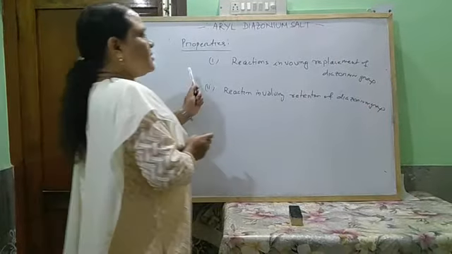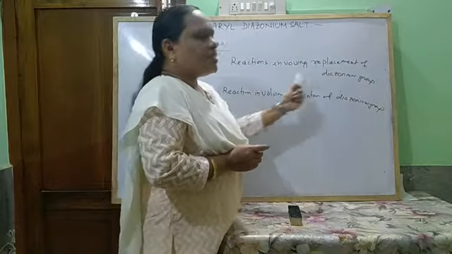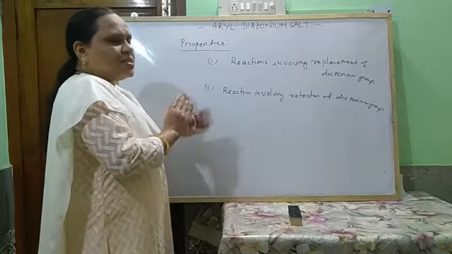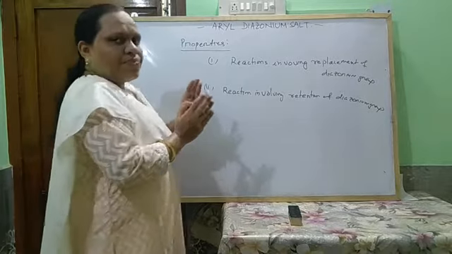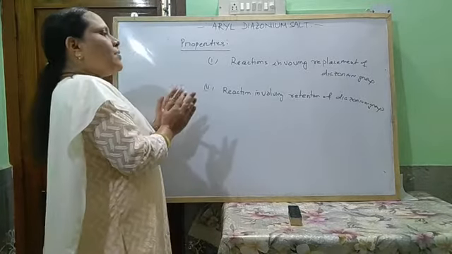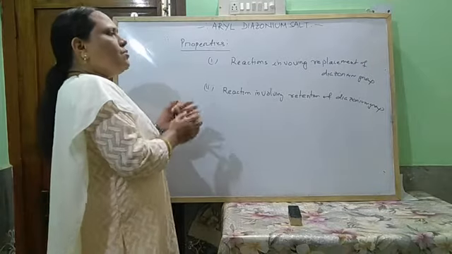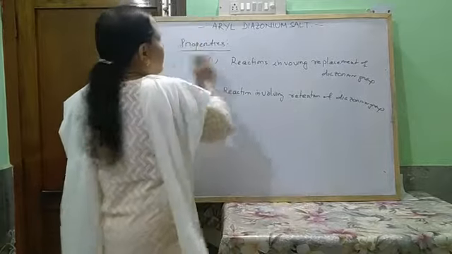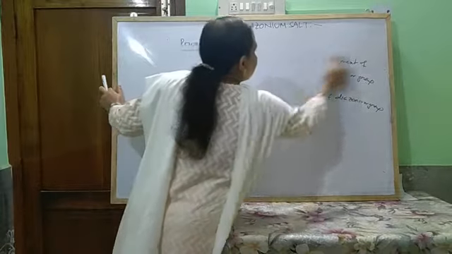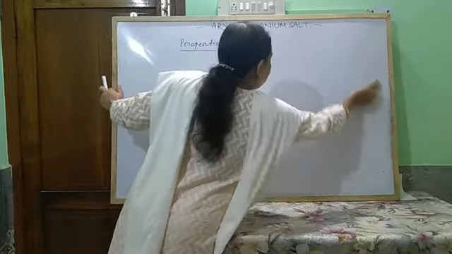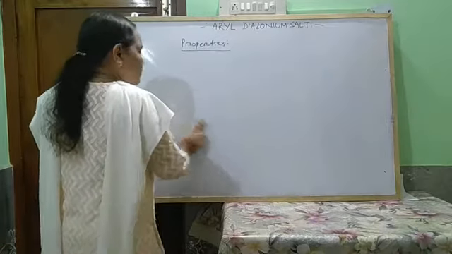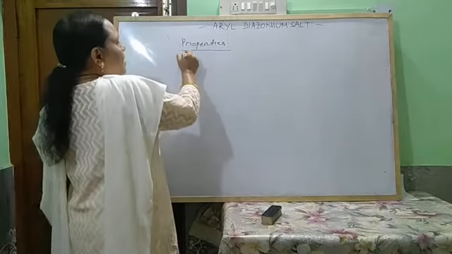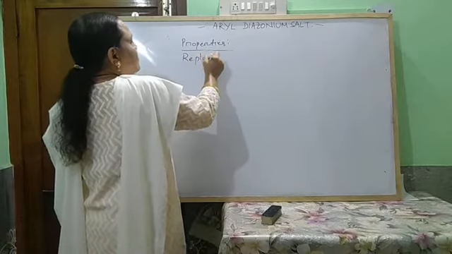First, let us discuss the reactions involving replacement of the diazonium group, in which the diazonium group is replaced by evolution of nitrogen gas, and monovalent groups are substituted at that place. First, replacement by hydrogen.